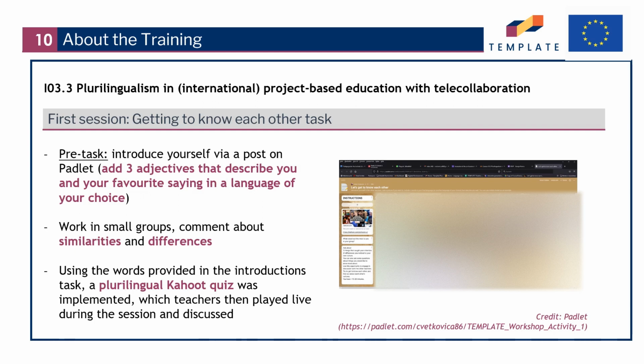Once we met online, the teachers were put into smaller groups and they commented on the similarities and differences based on the posts on Padlet. Using the very words they provided in the introductions task, a plurilingual Kahoot quiz was implemented, which teachers then played live during the session and discussed.